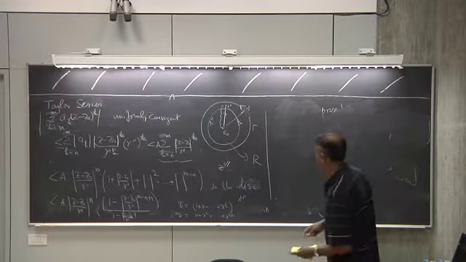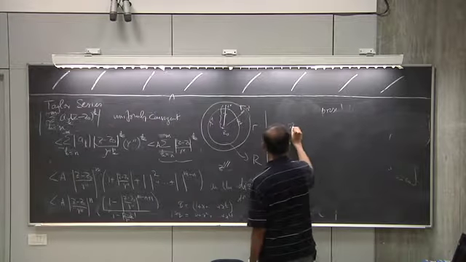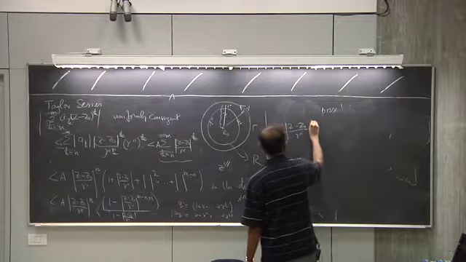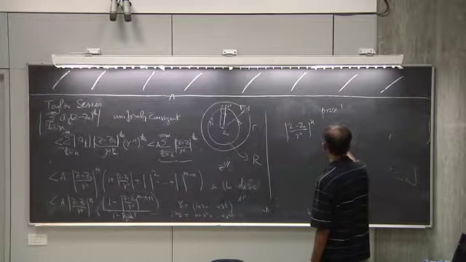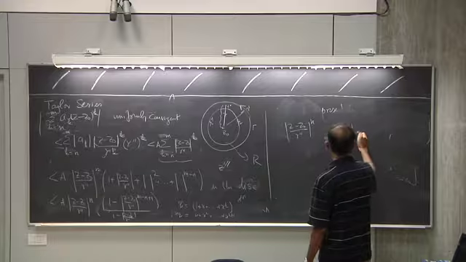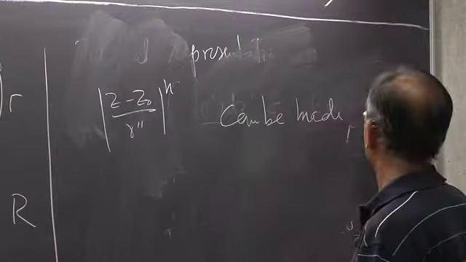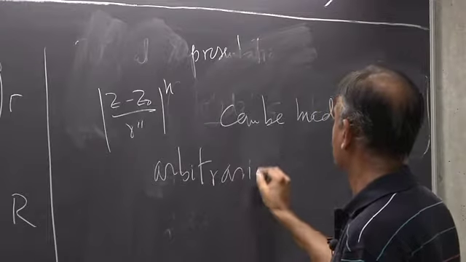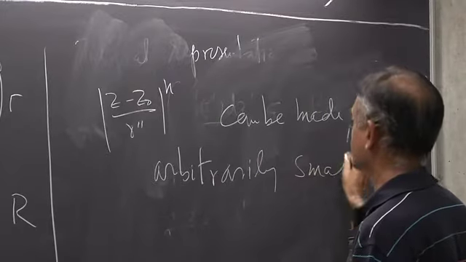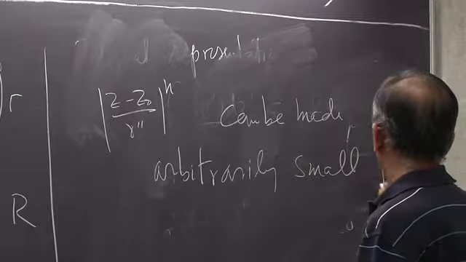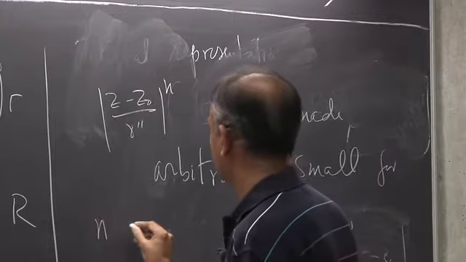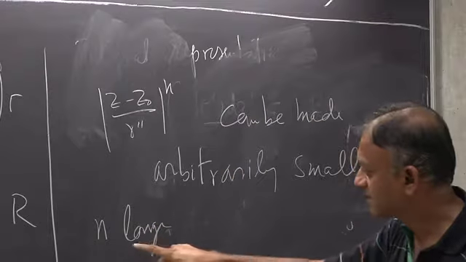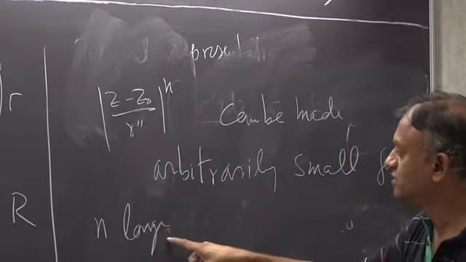So this quantity, (z minus z0 divided by r double prime) to the n, can be made arbitrarily small for n large. But the important point is the largeness of n, I can choose independent of z.